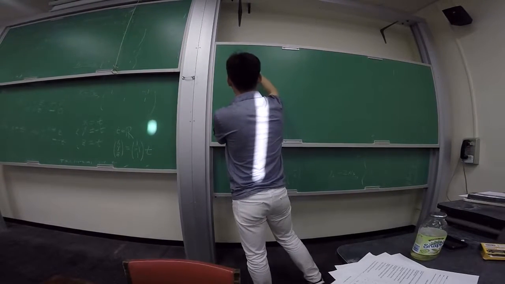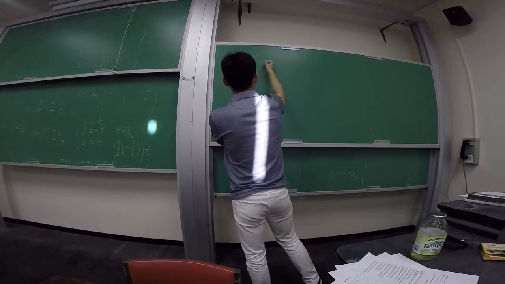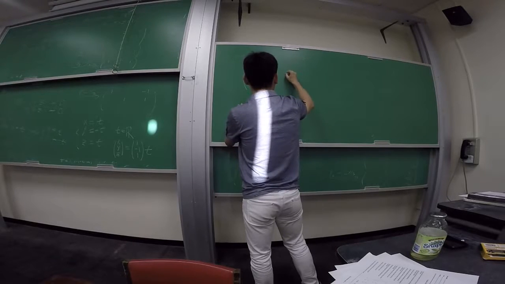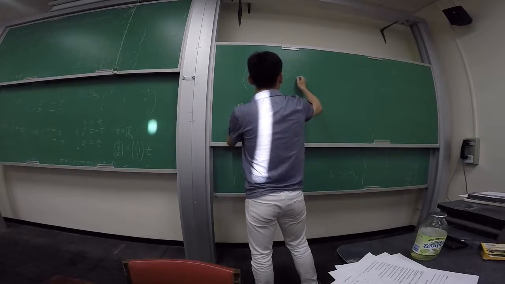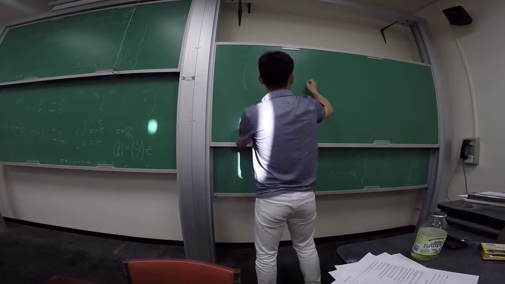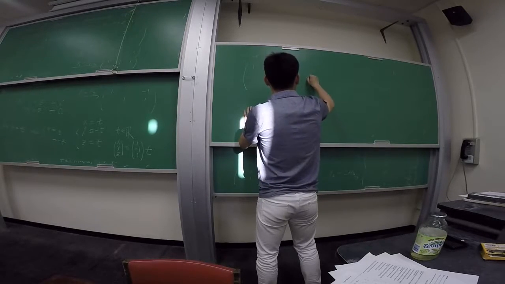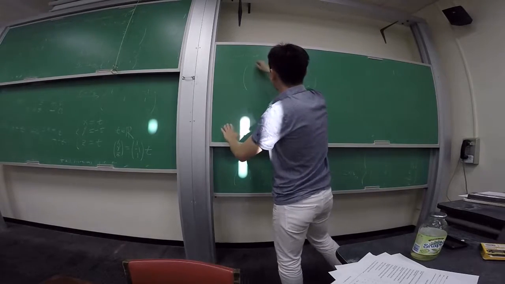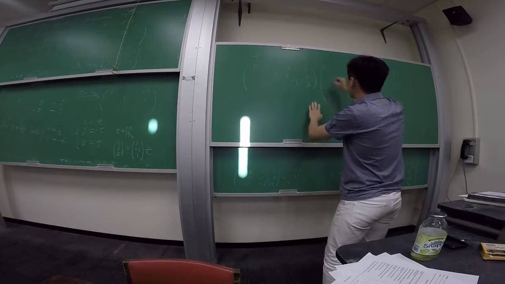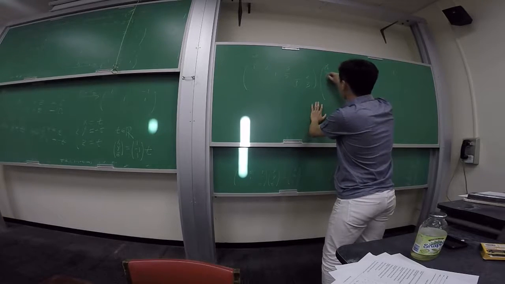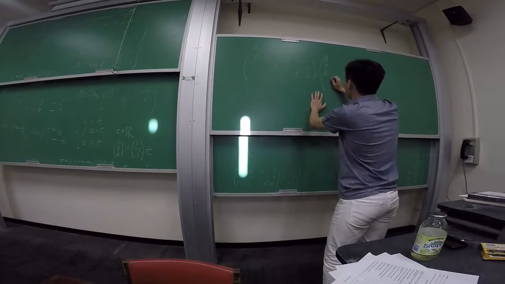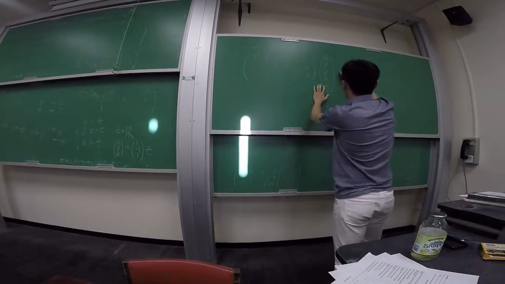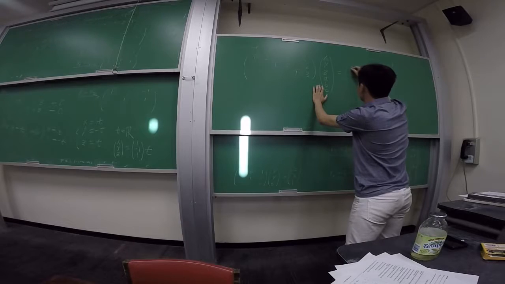Maybe the reduced row echelon form is like 1, and here's 2, and here's 1, here's 5, 3, and here's 1 over here, and here is 3, 2, 1. And suppose that my variables are x, y, z, a, b, c. It's equal to 0, 0, 0.